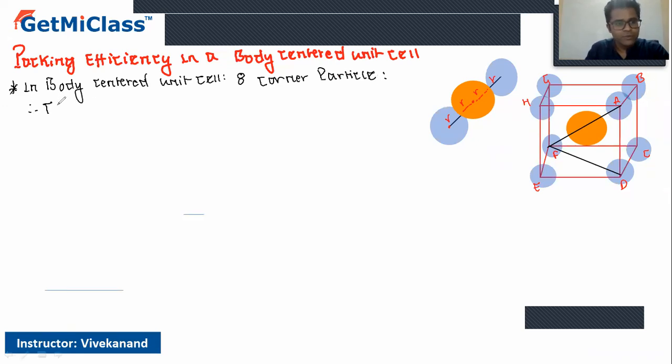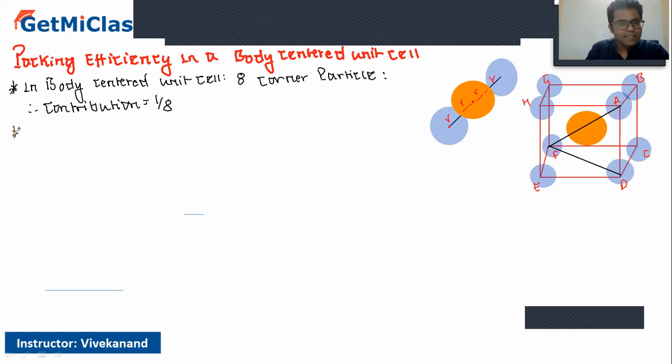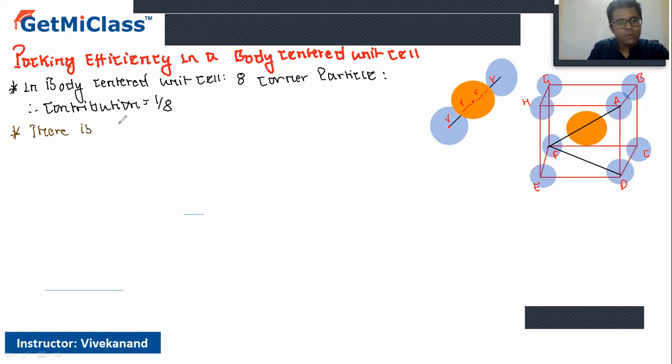So therefore their contribution is going to be 1 by 8. This is the first point that we need to know. Secondly, what we need to understand is that there is one body-centered particle in the unit cell, right? So therefore the contribution is going to be 1.